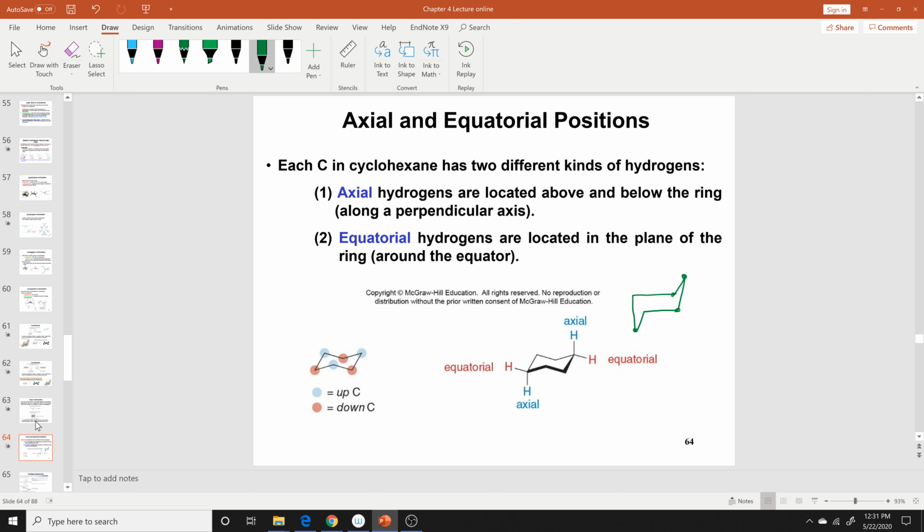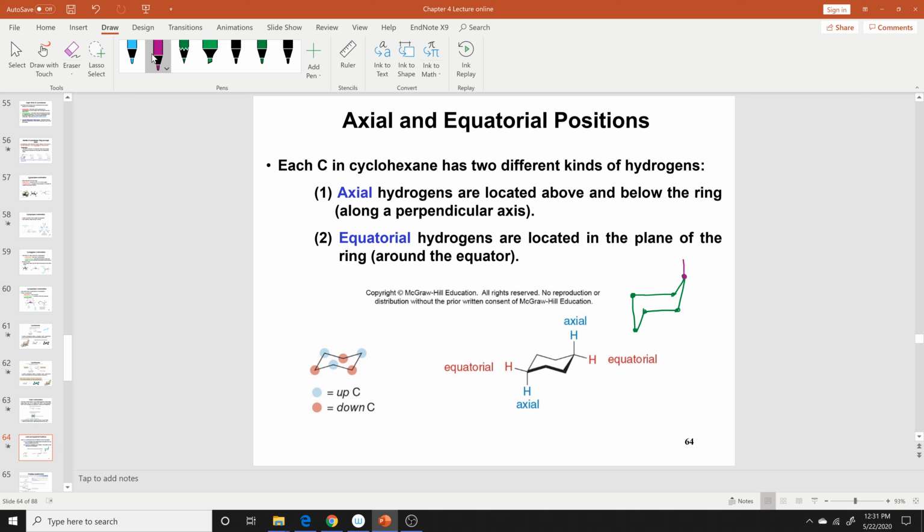Please practice these because it's very important. I'm going to draw them in red. You look at the position of the carbon, the direction of the carbon, and the axial hydrogen will basically follow the direction of the carbon. So if the carbon is up, then the axial is going to be up.